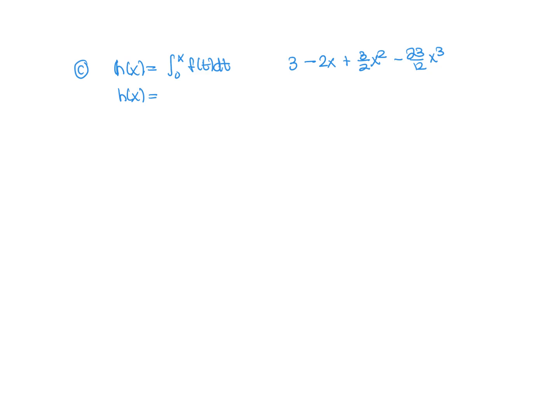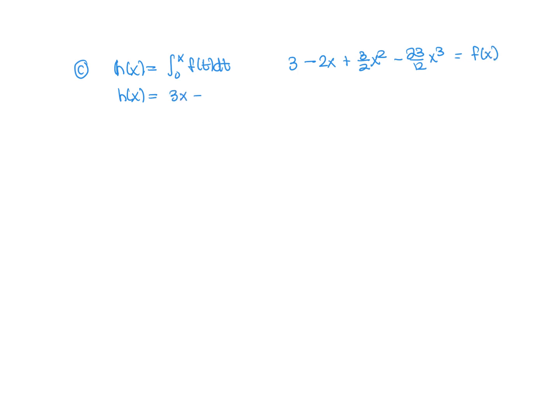Now, they told us to use the polynomial we made in part A. So that means we're going to use the entire polynomial. Sometimes they will say use the first 3 terms, or use the first 2 terms. They said to use the polynomial found in part A. So I'm going to have to integrate this because this is our polynomial for f of x. So we're going to integrate that to get to h of x.